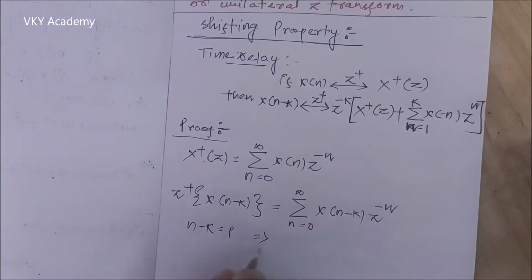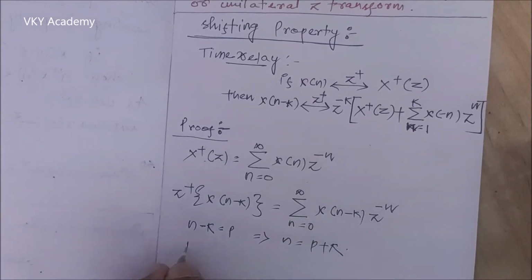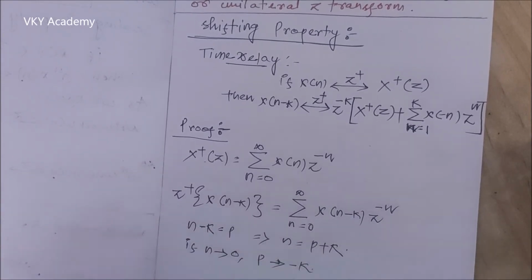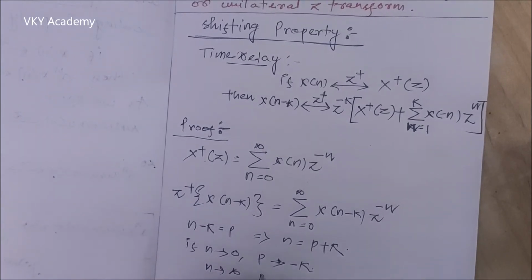This implies n is equal to p plus k. So if n tends to 0, p tends to minus k, and if n tends to infinity, p tends to infinity.